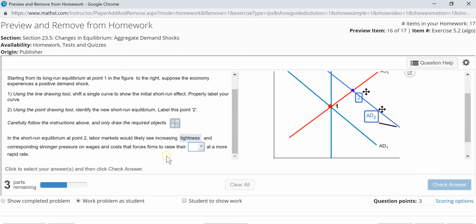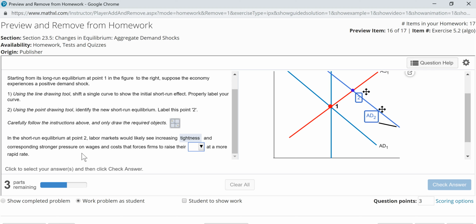And corresponding stronger pressure on wages. Because the labor market is so tight, you have to increase wages, right? If you want to hire people to work for you. So there's a stronger pressure on wages and costs. Hence, wages are part of the cost, right?